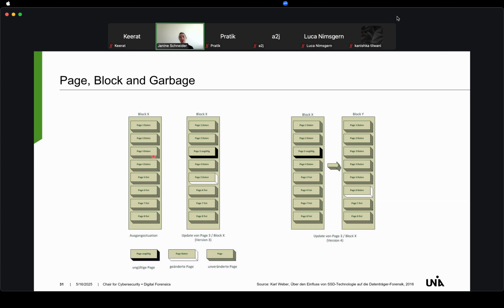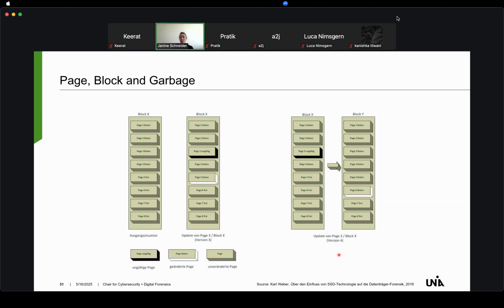In order to update page 3, we write the updated content in a free page of the same block, and the original page is marked as invalid. So the block remains as is, but the updated contents of page 3 are in page 5 now. Page 3 is invalid. We didn't copy the whole block. We just wrote the content in a free page of the same block.